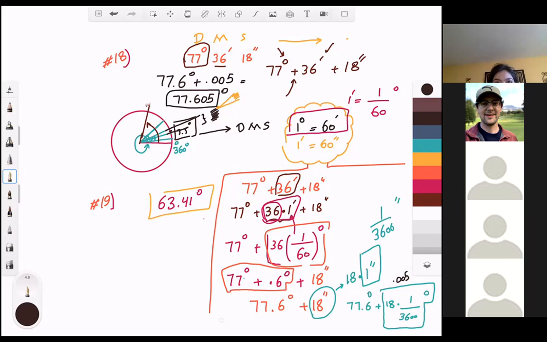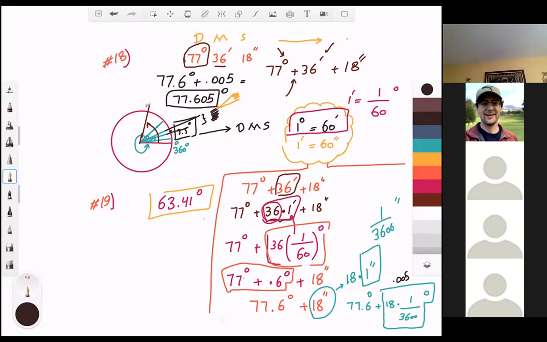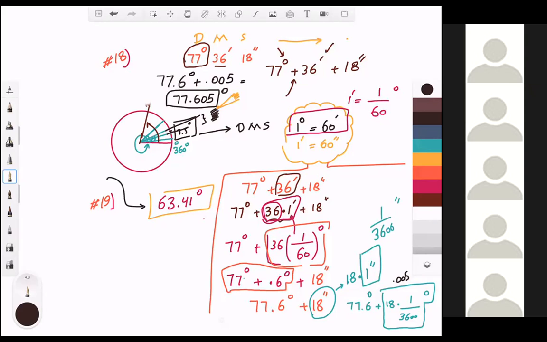So that's how we convert. So now number 19 is a backward. We have the decimal, right? Professor, before we move, I have a question. So when we move seconds to degree, we divide it by 3,600. Yes.